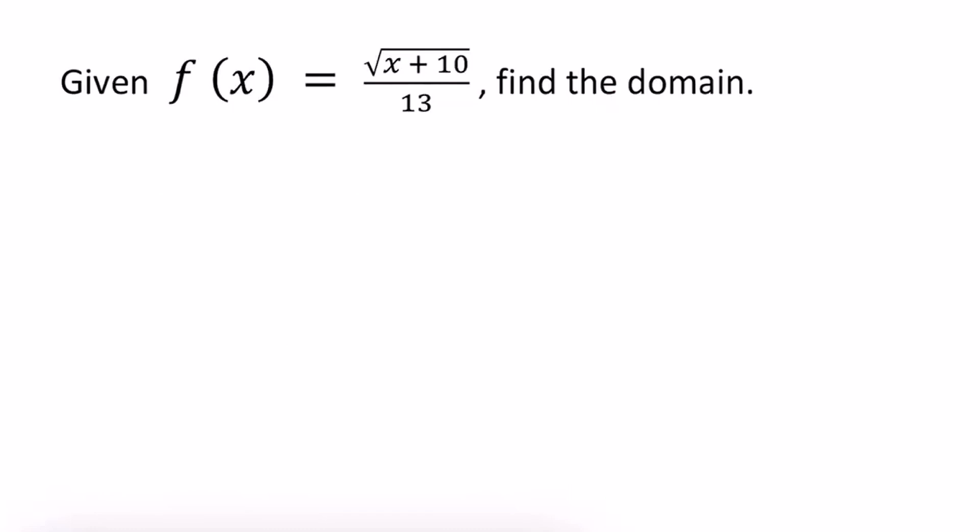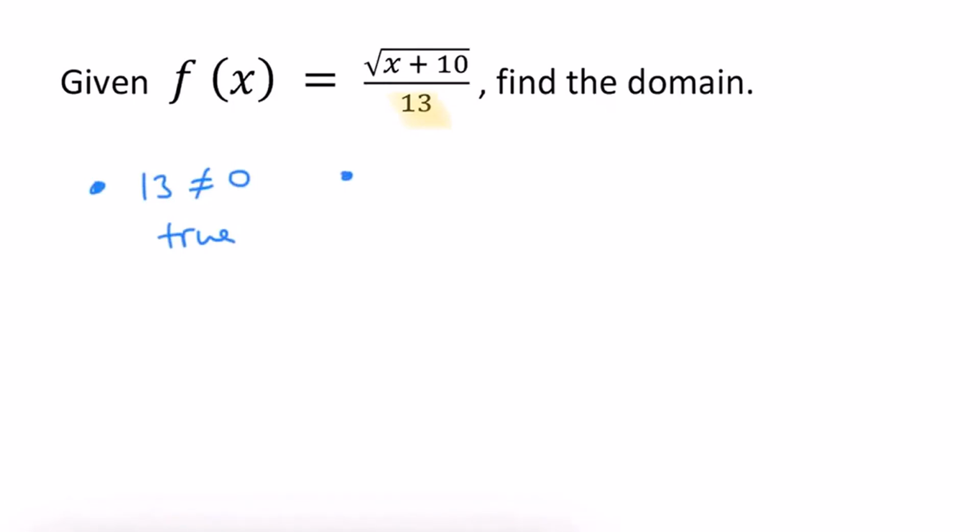Given f of x is equal to the square root of x plus 10, over 13, find the domain. So here we have a fraction, so the denominator cannot equal 0, and 13 is not equal to 0, so this is true.